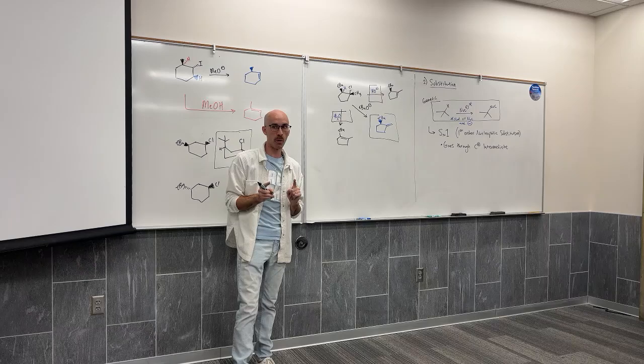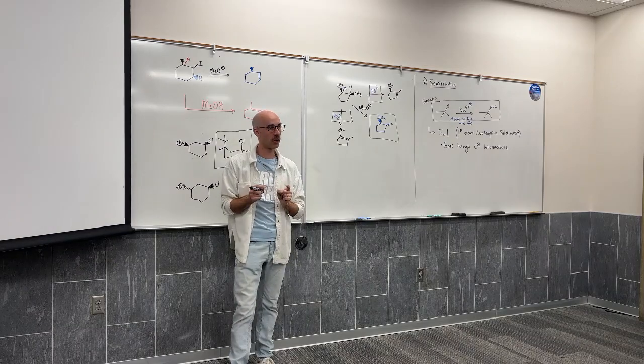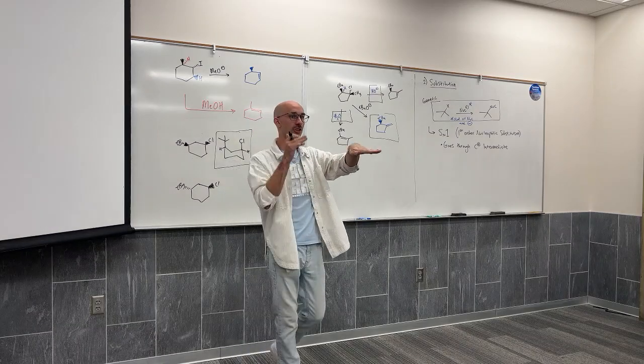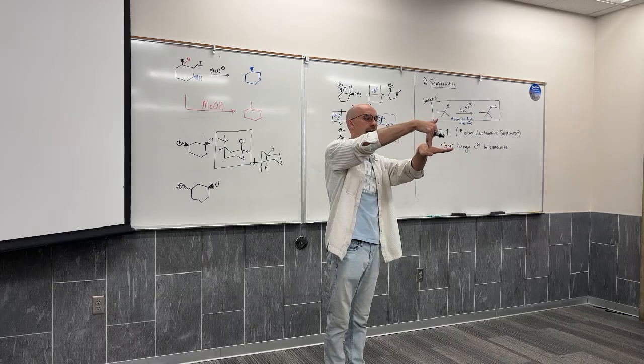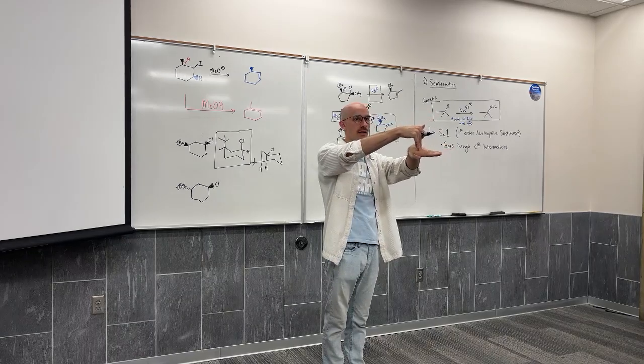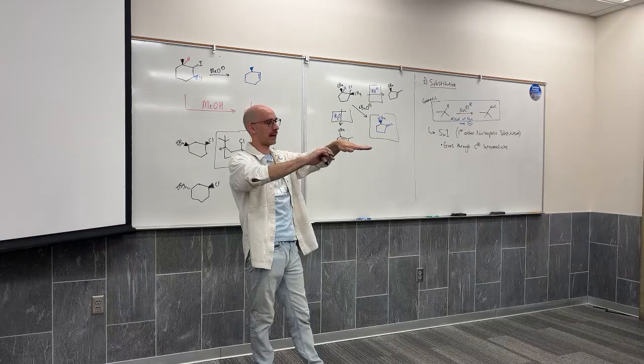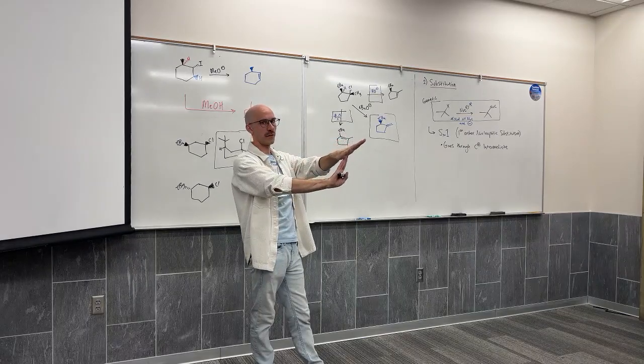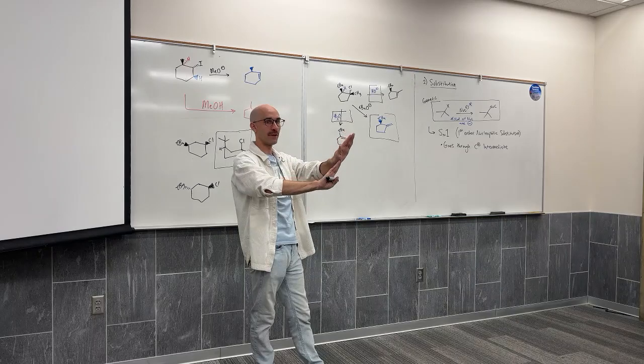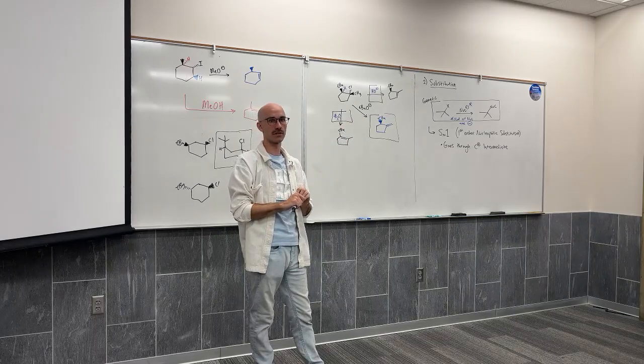It's also important in terms of stereochemistry because it means the nucleophile is attaching to the carbon from either the top face of the flat carbocation or the bottom face of the flat carbocation. That creates two different chiral configurations.